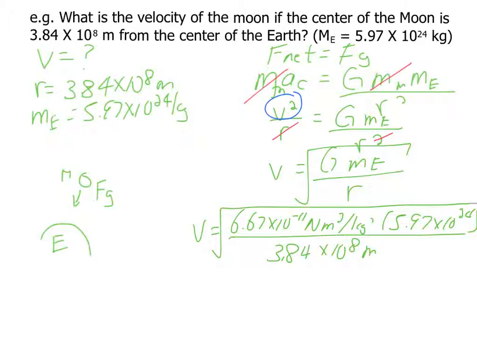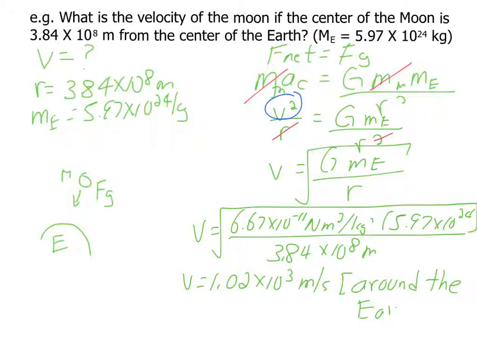Square root everything. Put that into your calculator and remember to square root. And our final answer is 1.02 times 10 to the 3 meters per second. And you can say around the Earth as a direction of travel for the moon.